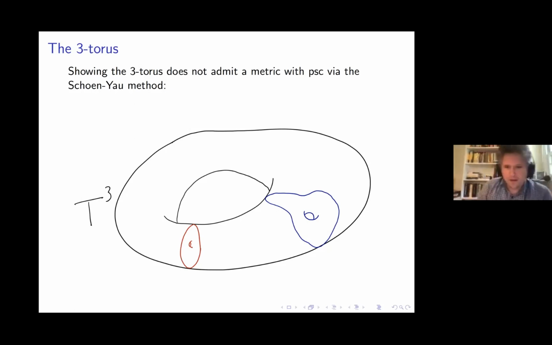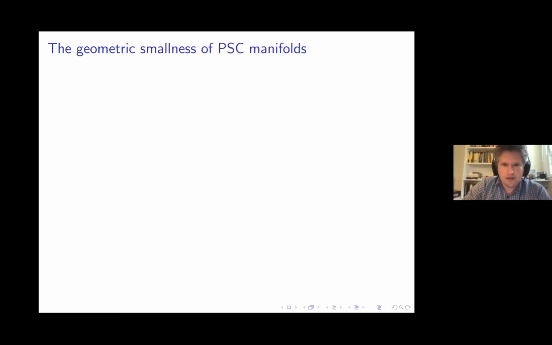Okay, all right. So you see here that minimal surfaces play a role, and they'll come back later in the talk. Now, the question for us is: if I have a three-manifold of positive scalar curvature, we know the topology.